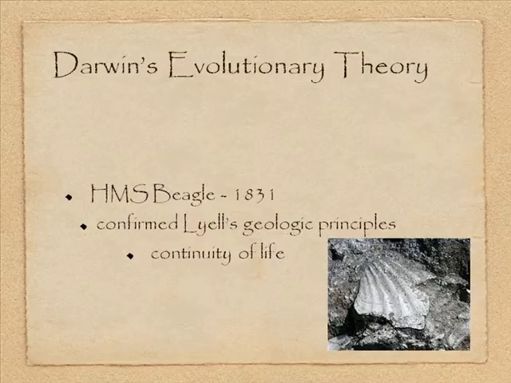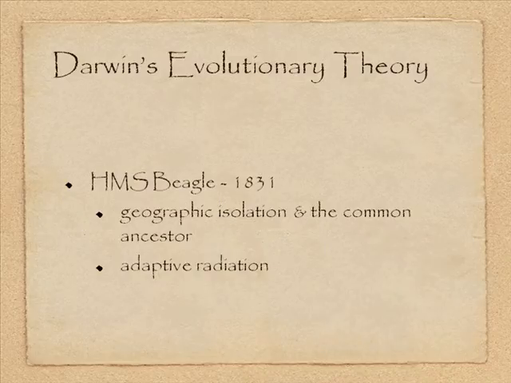The similarities he was seeing between various animals helped to promote this continuity of life, which helped to solidify the idea of continuous change, and also helped him develop his idea of common descent or common ancestor. Through this process also, he looked at how geographic isolation could lead to the development of different species.